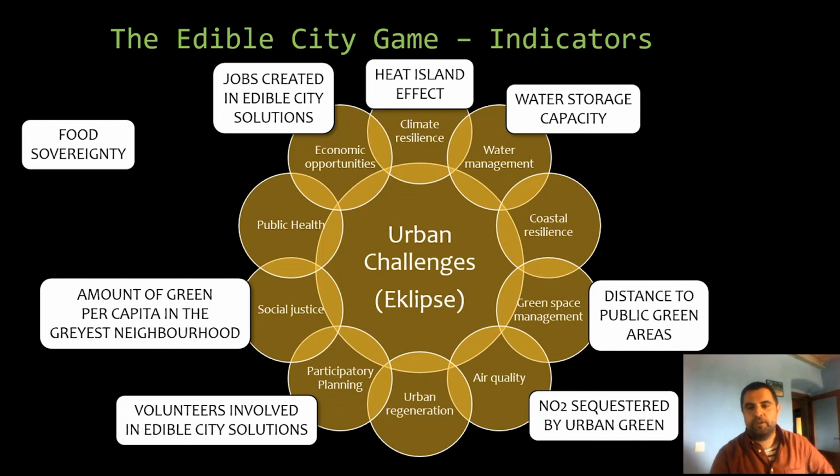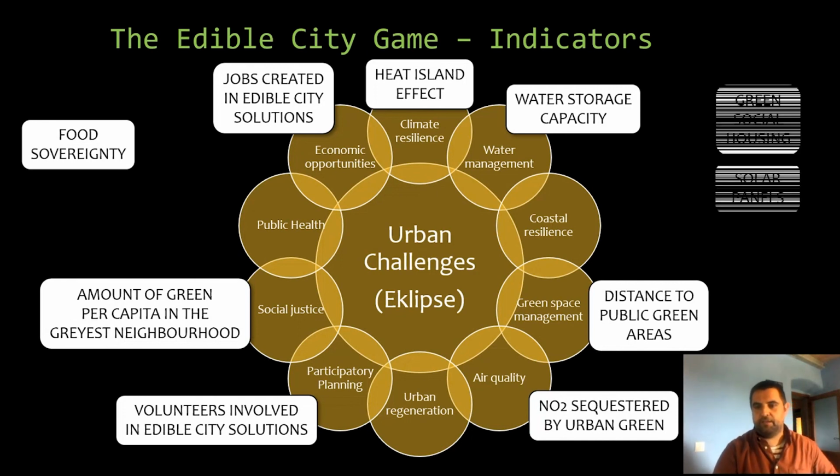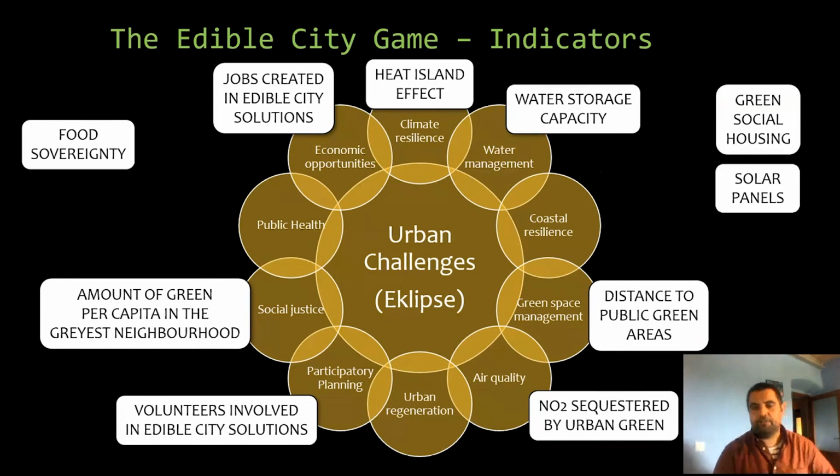And after a workshop we did to test the game, we saw that we needed some indicators to compete for the land with these main indicators. Then we created an indicator about green social housing, which is the amount of social housing closer to green areas to deal with green gentrification.